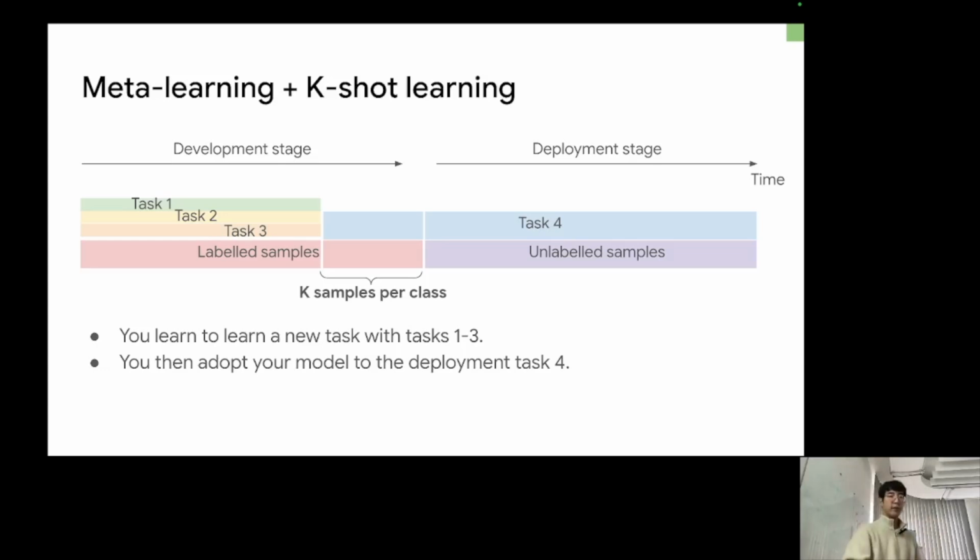And then what you're going to do with task 4 is fine-tune this generalist model with a few samples from task 4, and that's it, right? And then you deploy this model for solving task 4. The nice thing about this meta-model approach is that once you train this generalist model, then not just for task 4, but once you have tasks 5, 6, 7, you're going to have a few training samples from there and adapt this generalist model for each of these cases in a cheap fashion. Well, at least that's the expectation for meta-learning.